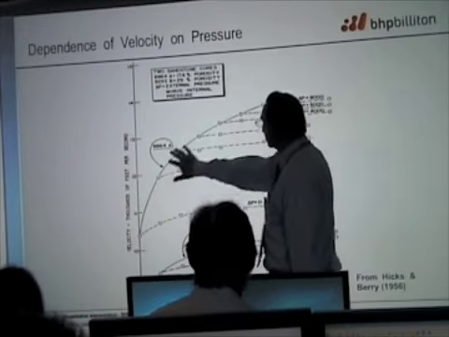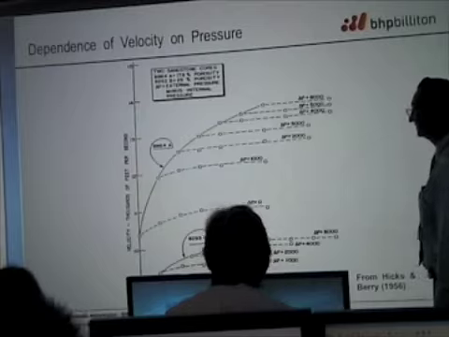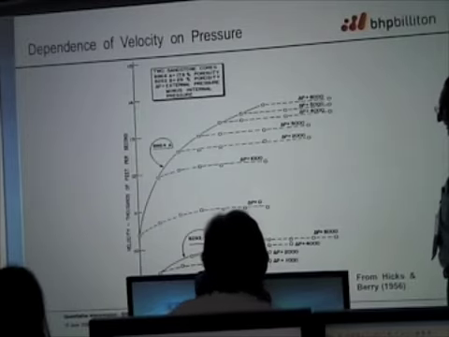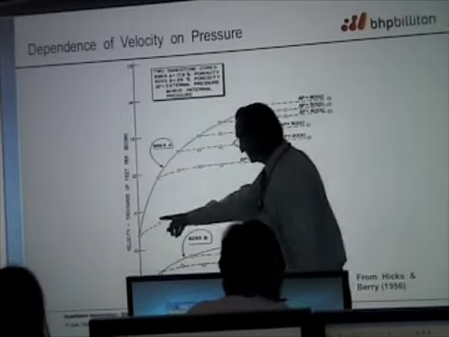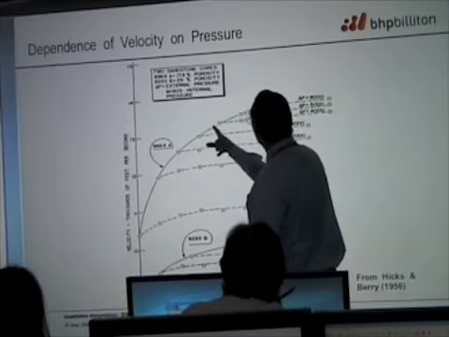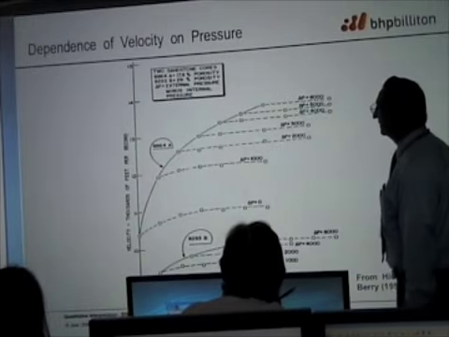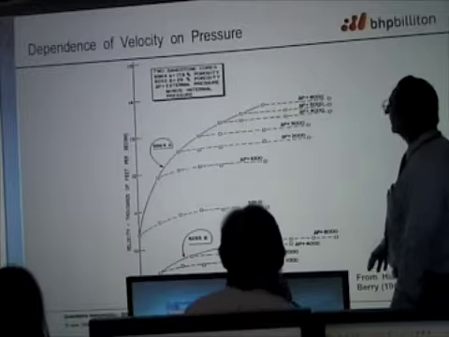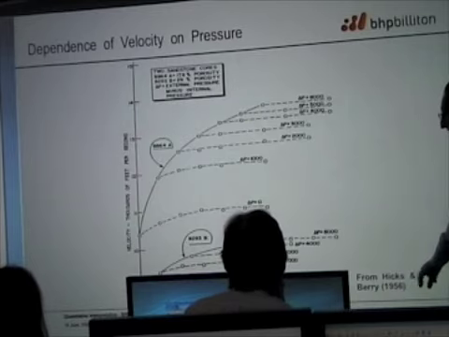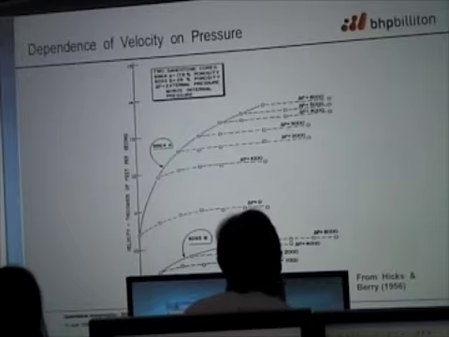Let's concentrate on this one. It's easier to see. It's a bigger effect. The solid curve represents, by the way, a paper by Hicks and Barron, the same year, 1956, where they had water in the rock, but they did not change the stress on the water.